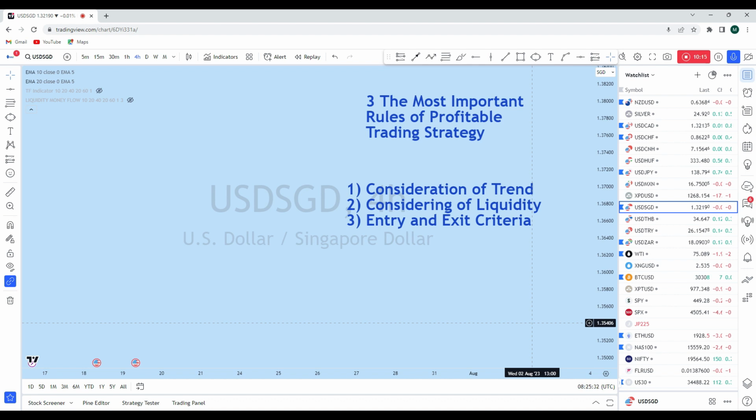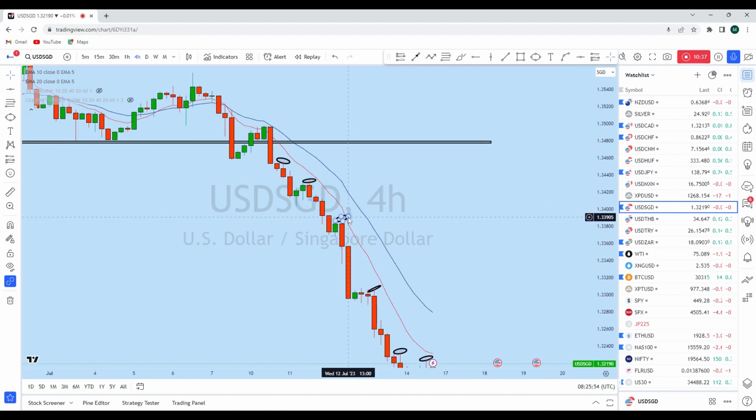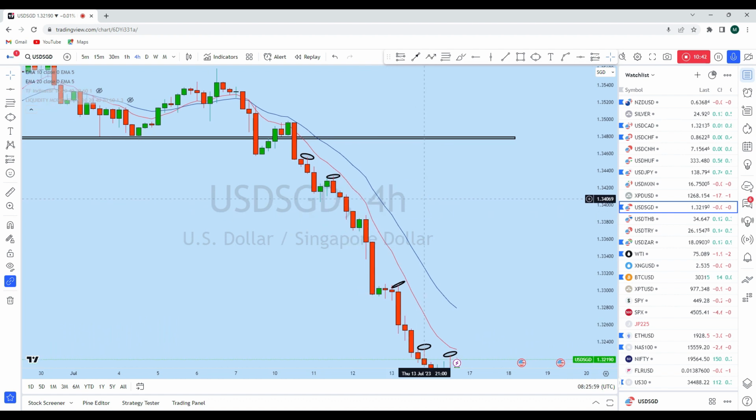Every trading strategy has its own entry and exit criteria. For example, an entry criterion could be seeing a pin bar in a specific zone, or a bullish or bearish engulfer in a specific zone. Let's assume your entry criterion is to see a bearish engulfer at a very important previous resistance or previous support turned resistance.